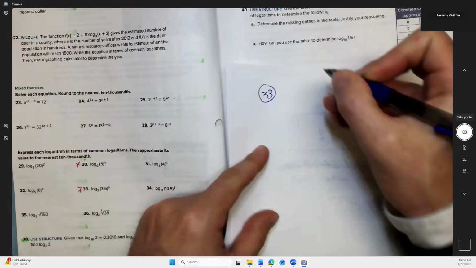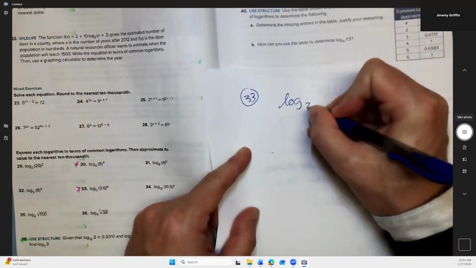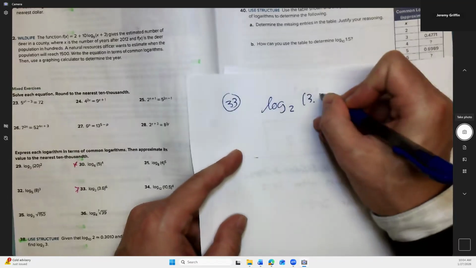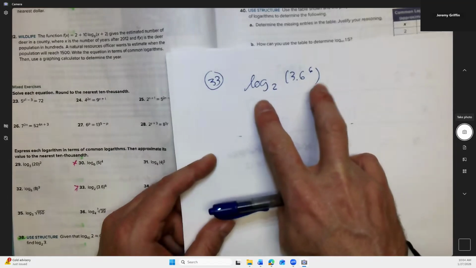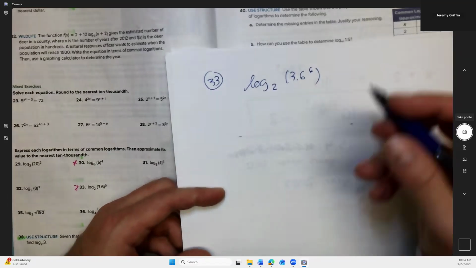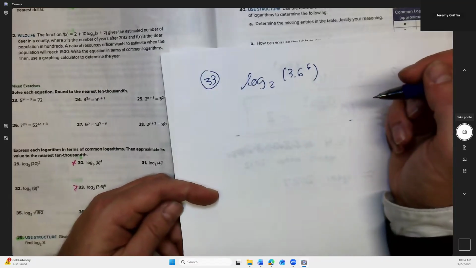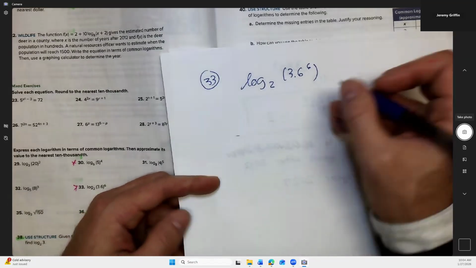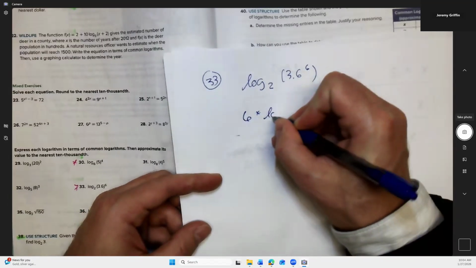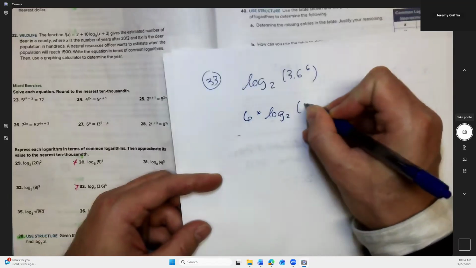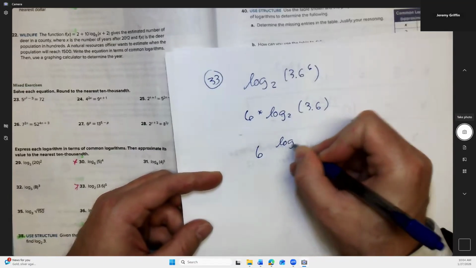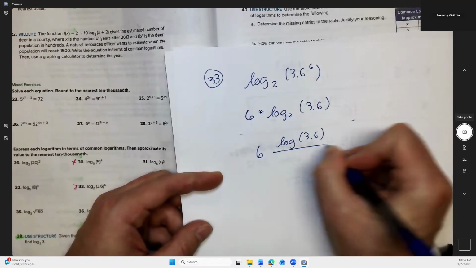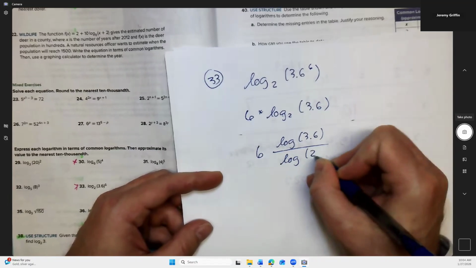Number 33. We've got log base 2 of 3.6 to the 6. I think this looks pretty similar, doesn't it? Here, I'll give you guys a head start. Go ahead, stay a step ahead of me. Beat me to the answer. So there's my first step. There's my next step.